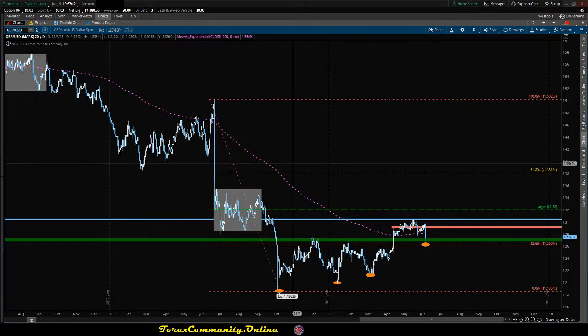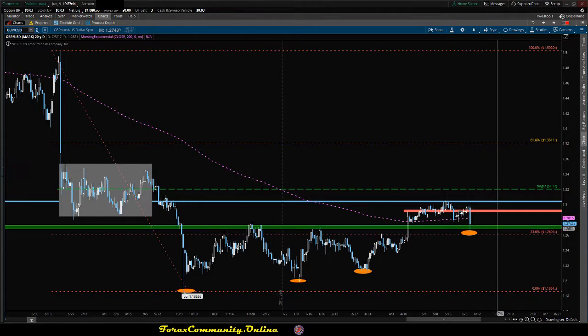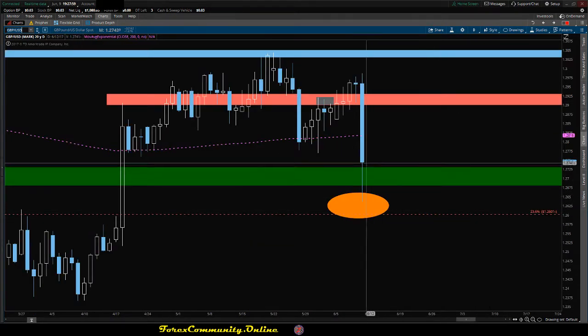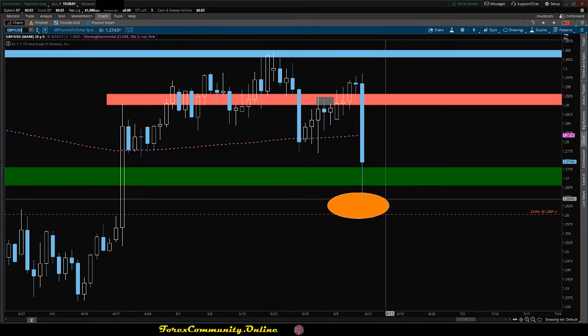And really, when it comes to chart analysis, it can be simple. Now, all that we have on here, we have a 200 exponential moving average, we have some targets, our daily Fibonacci, we have an area of supply, an area of demand, and we can see that we did close above the area of demand that we identified.